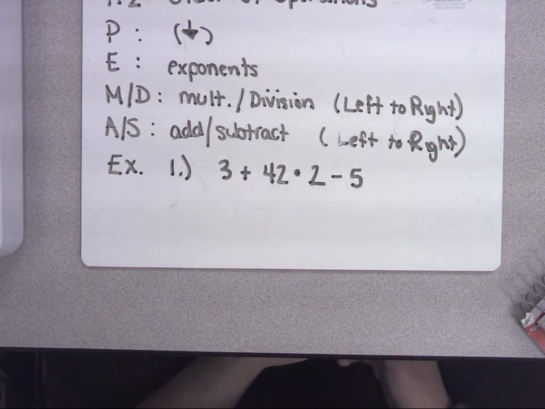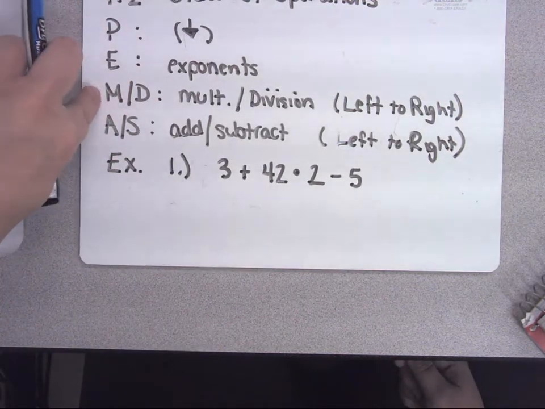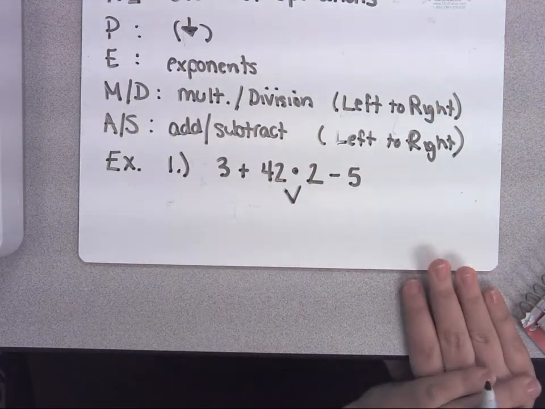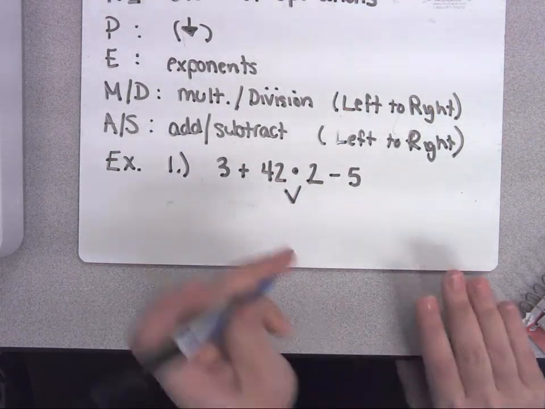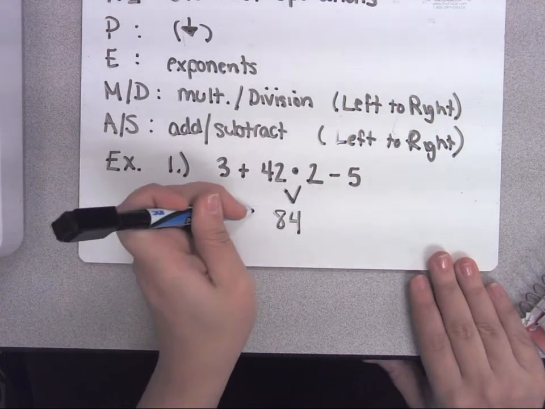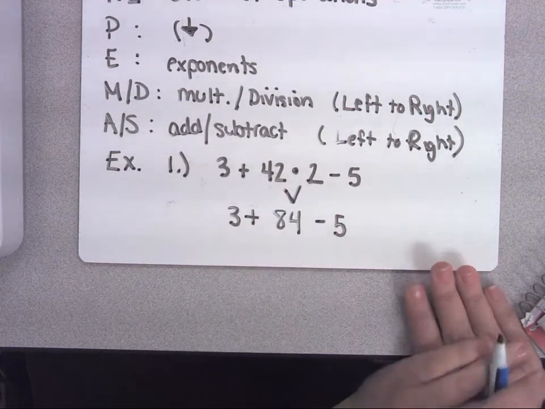We do the multiplication first because no parentheses, no exponents. We do multiplication or division first. Well, there's only multiplication. So what is 42 times 2? 84. Since I did not use this other stuff, we bring everything, including its operations, down.